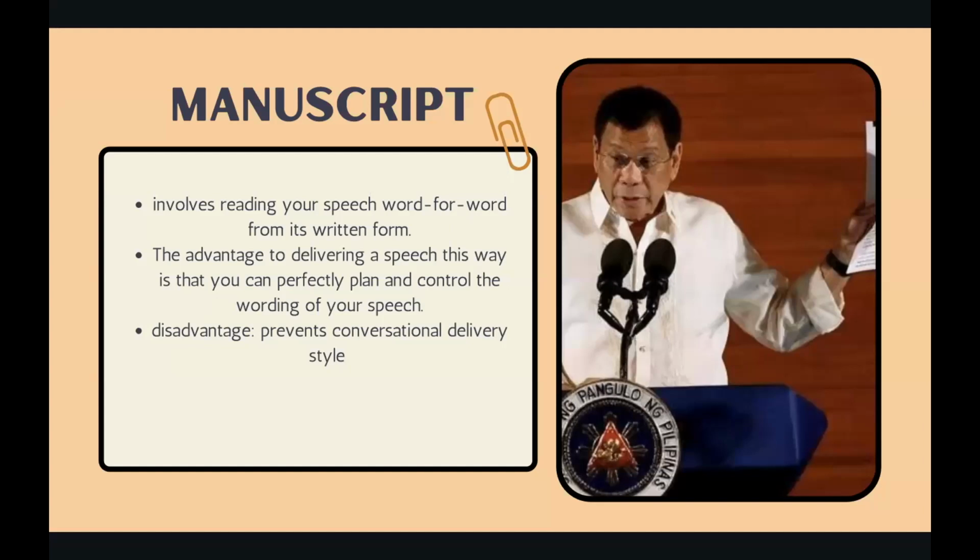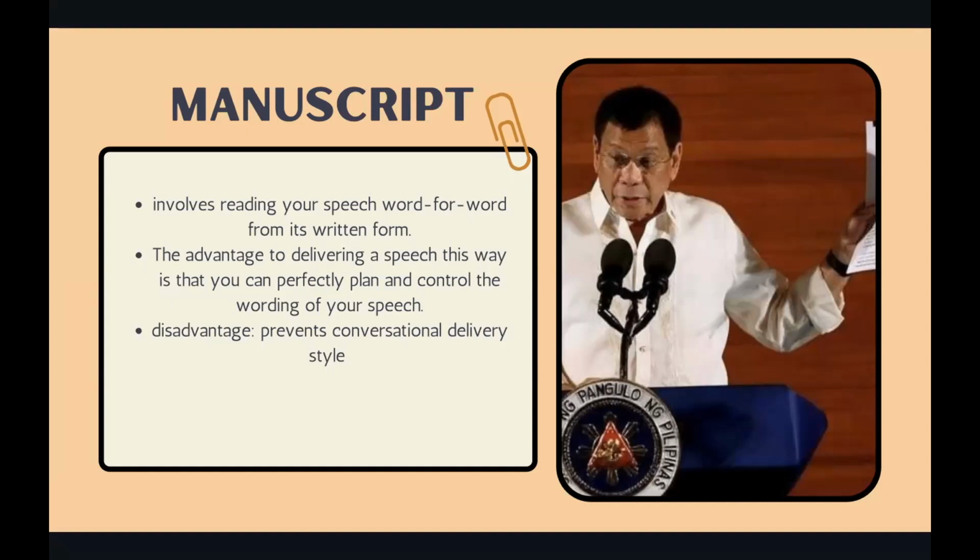The disadvantage is that it prevents a conversational delivery style. Para kang robot. The tendency is you sound monotone because you just read from the paper, or if you look at the teleprompter when you're on the stage, diba? You have the tendency to be monotone, unless of course you are already a professional speaker, for example an actor, actress, news reporter, or politician.